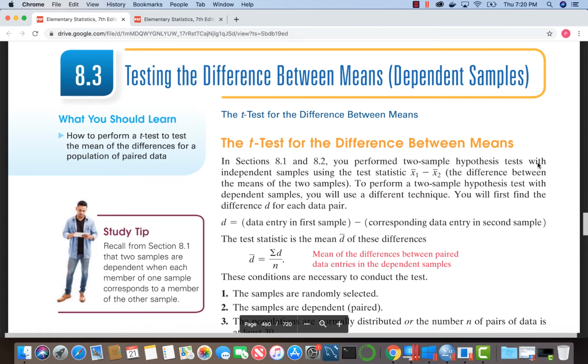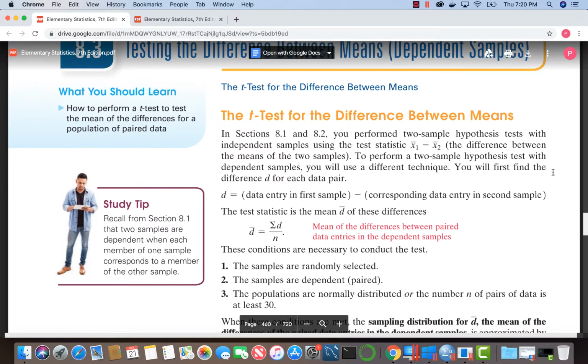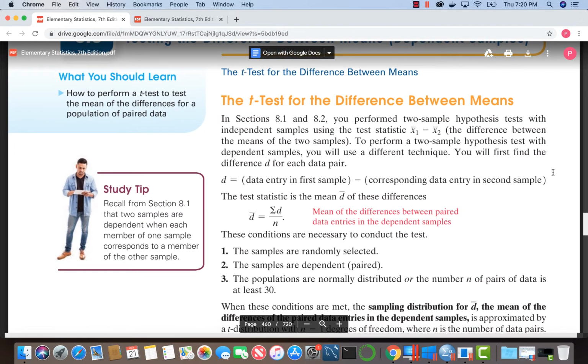Today we want to talk about the dependent samples t-test, also known as the paired samples t-test and matched samples t-test. Basically, in this test, we take a sample and measure some parameter or statistic in the sample at one point, then we measure it at another point.